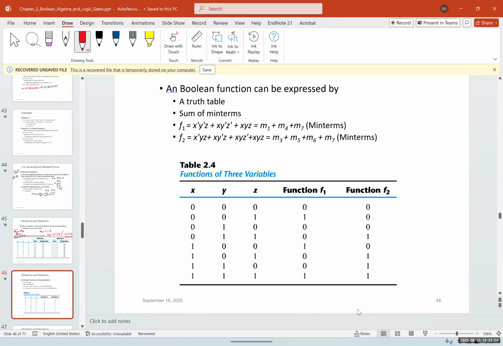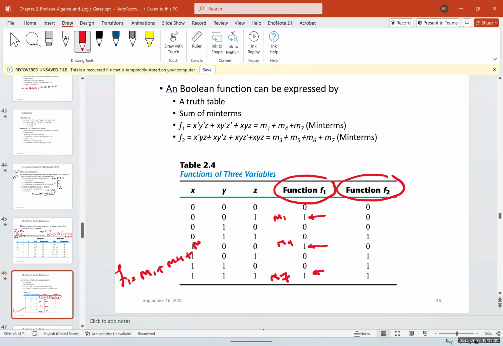So for example, here we have two different functions, f1 and f2. And f1 is 1 when we have m1. It's 1 when we have m4. And it's 1 when we have m7. So f1 would be equal to m1 plus m4 plus m7, which is written over here. You can just look at this.